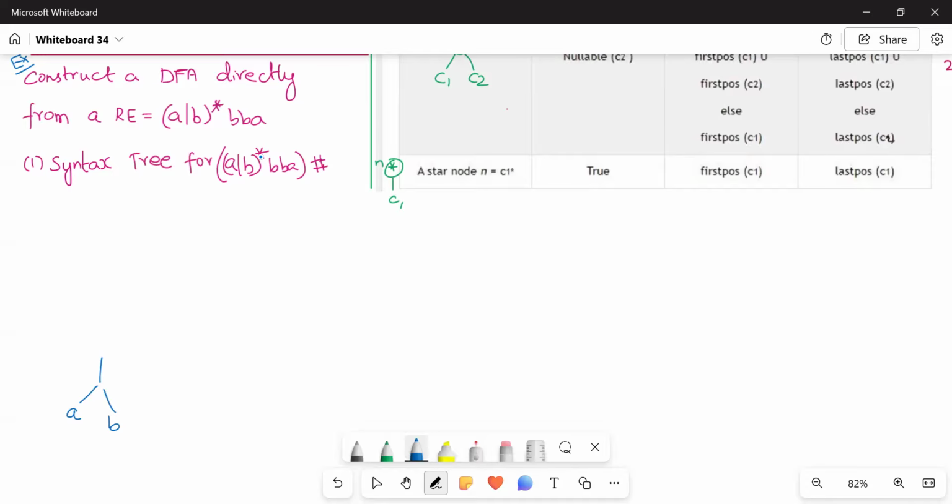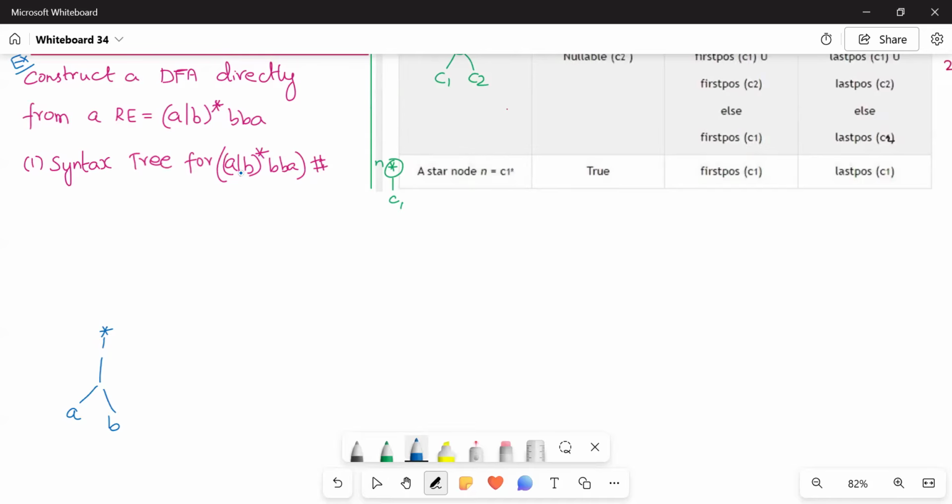Next, higher precedence is given to star, so we construct the star syntax tree. The interior node is star and its only child is the subexpression. Then this entire expression is concatenated with b. Concatenation is the next operator.